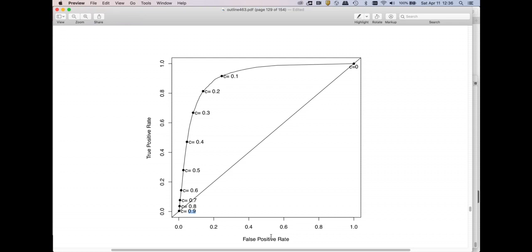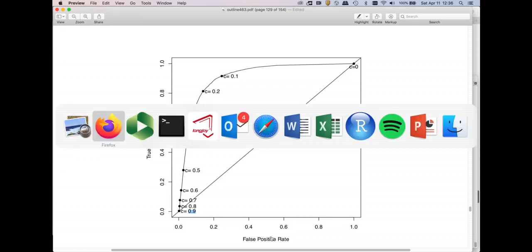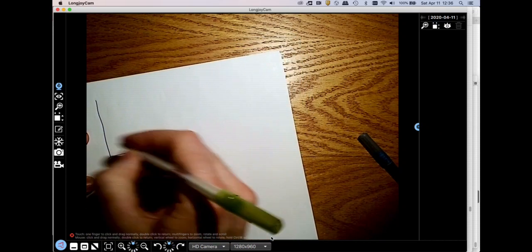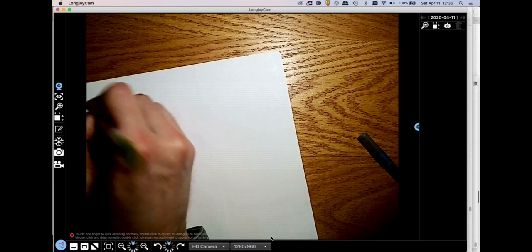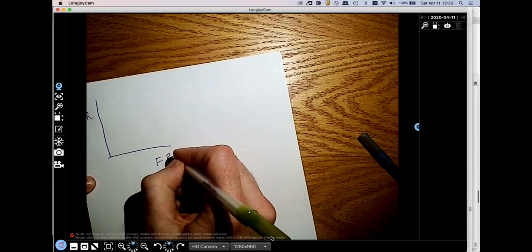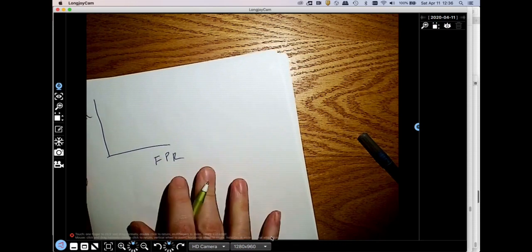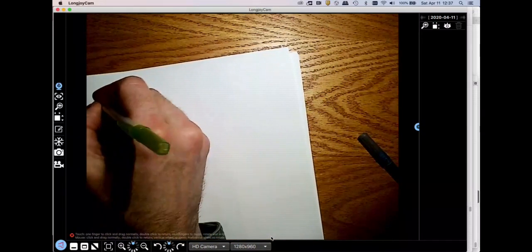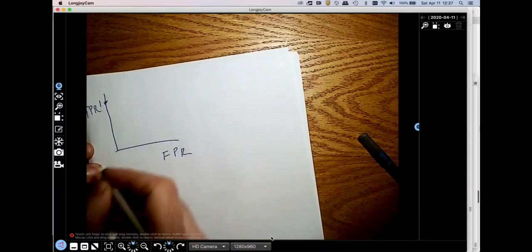Now, I'm just going to go over to my scratch pad for a second and draw a couple pictures. So remember, here's the true positive rate. Here's the false positive rate. The ideal classifier would look something like this. I could catch 100% of the true positives.